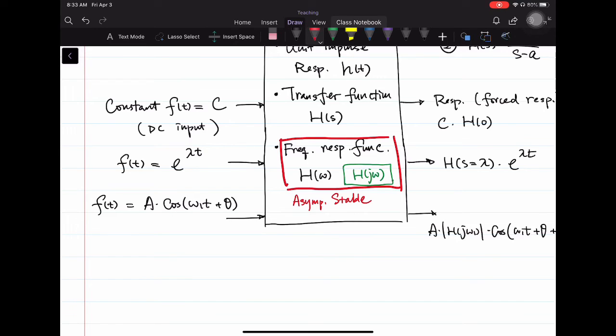As you can see, for the last case, you need an asymptotically stable system because you're using the frequency response function, so this has to be guaranteed. For the forced response, same thing: you're basically assuming the frequency is equal to 0, so that condition has to apply as well.